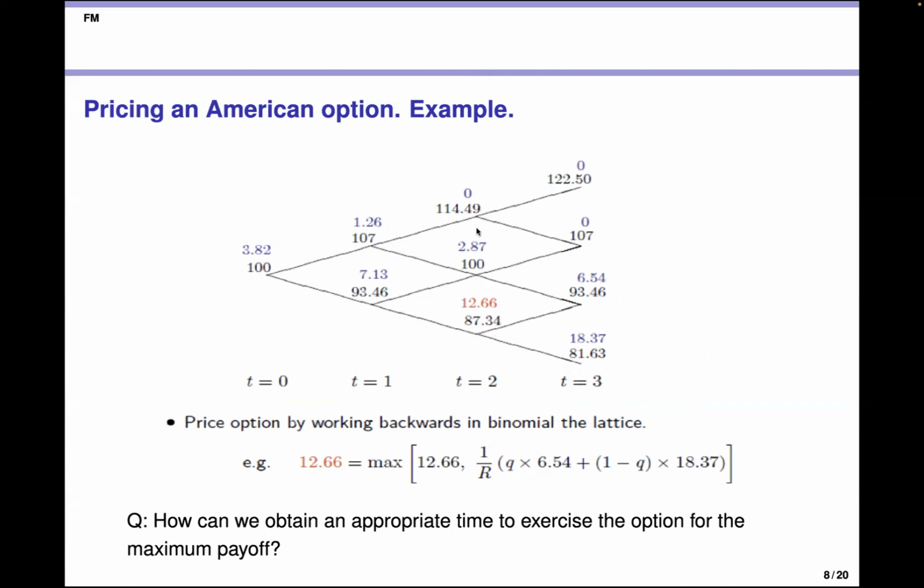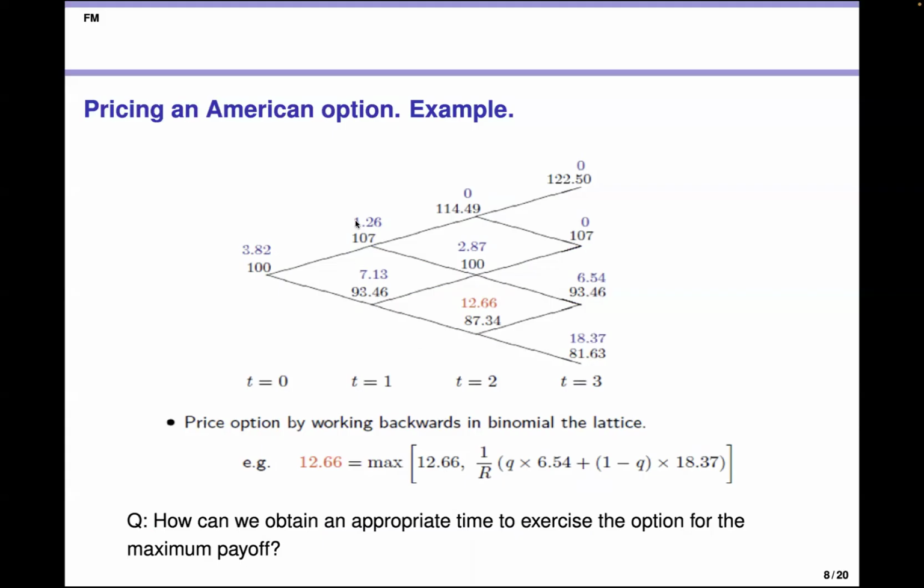C is the maximum between the price of immediate realization and the price of waiting, and we choose the price of immediate realization.